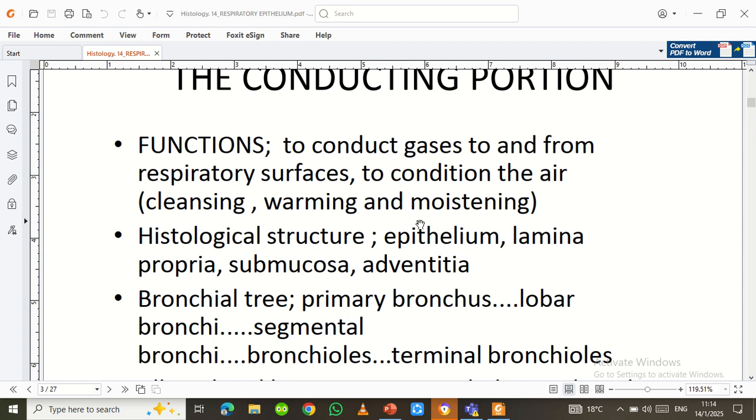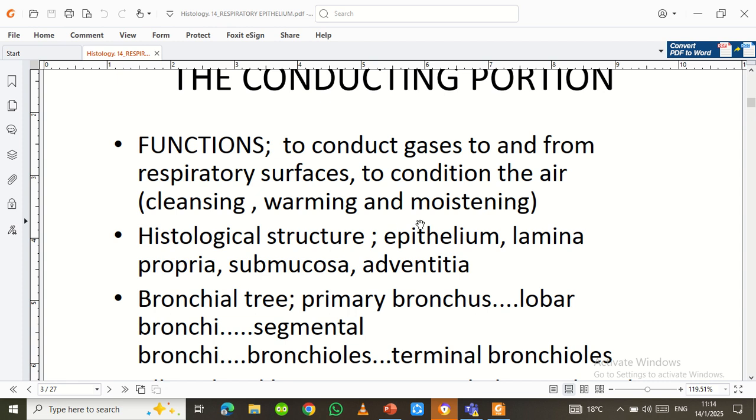And then you have a dense connective tissue that is called adventitia. So you have serosa and adventitia.